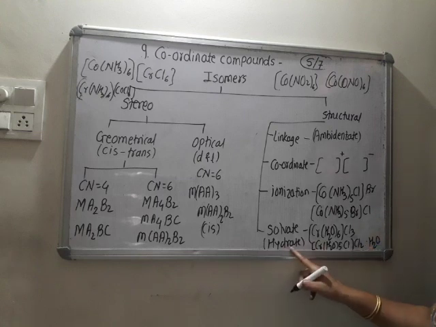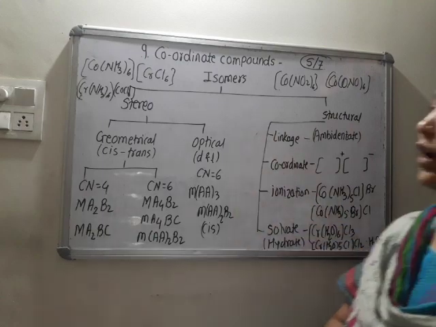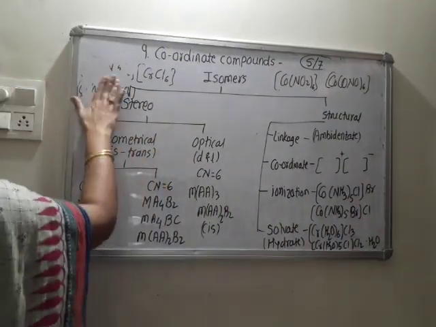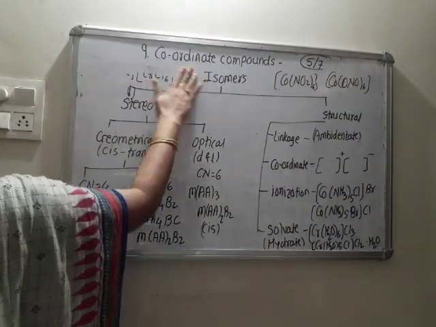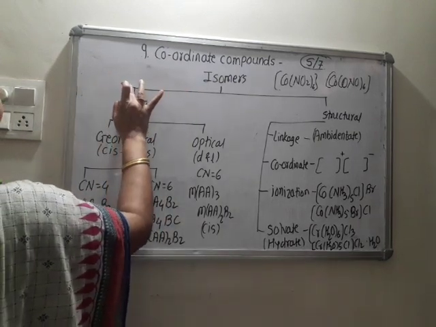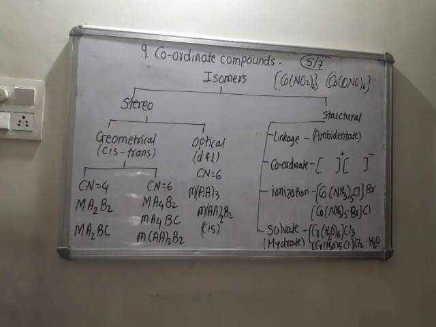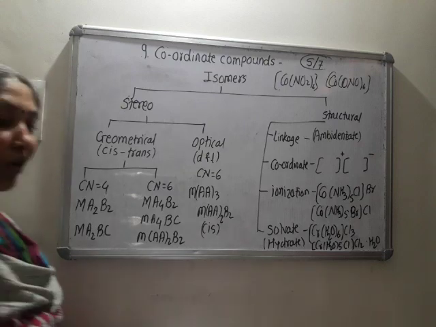So this is called solvate or hydrate isomer. Is this clear? I hope this summary is enough for you to identify the type of isomer. Mostly MCQs are asked, like which type of isomer is this, or how many isomers are possible. Okay, next point is stability of the complex. How do we find the stability of the complex?